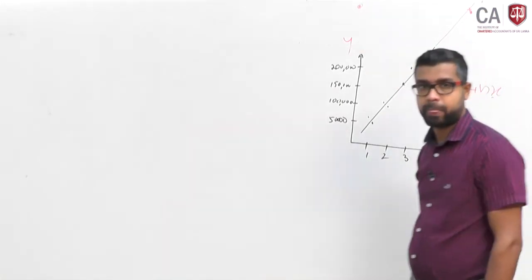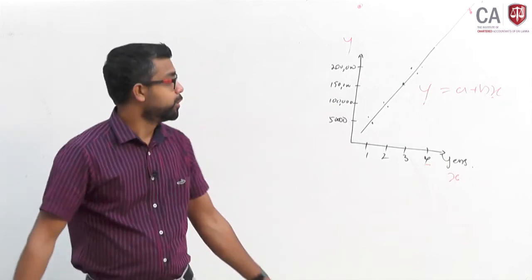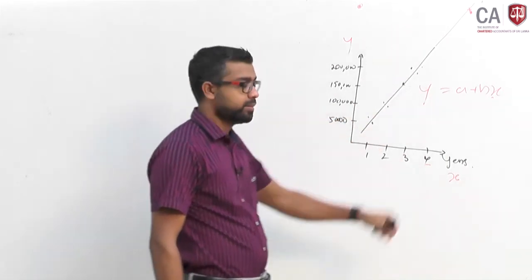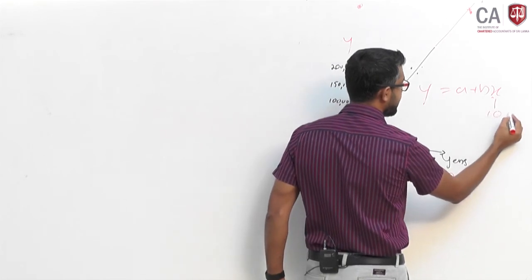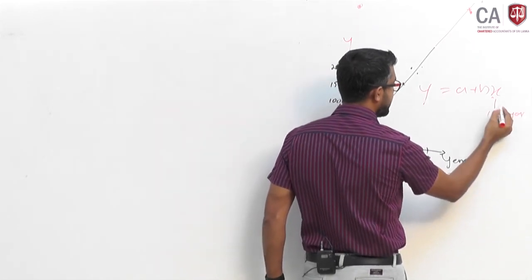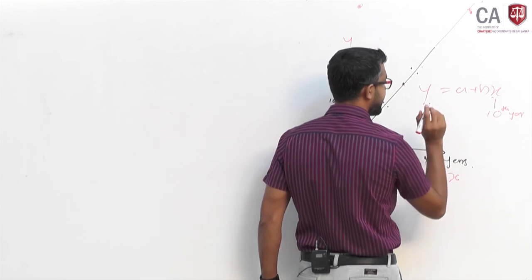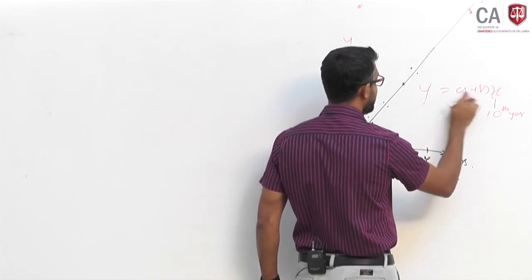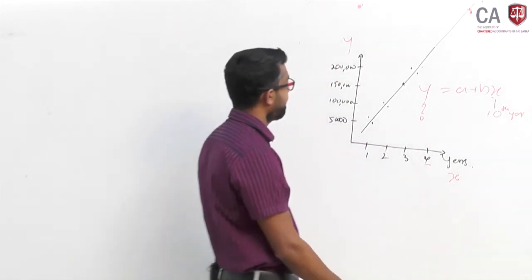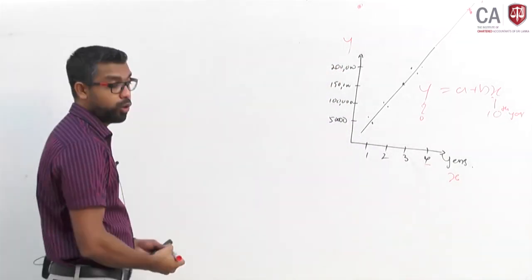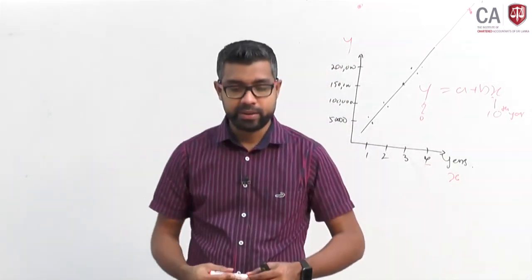You can figure out this year's sales. For that, no need to draw this line. It's a matter of applying numbers. Here x will be 10, and a and b you have already calculated, so what is y? This is how the trend line can be used as a forecasting tool.